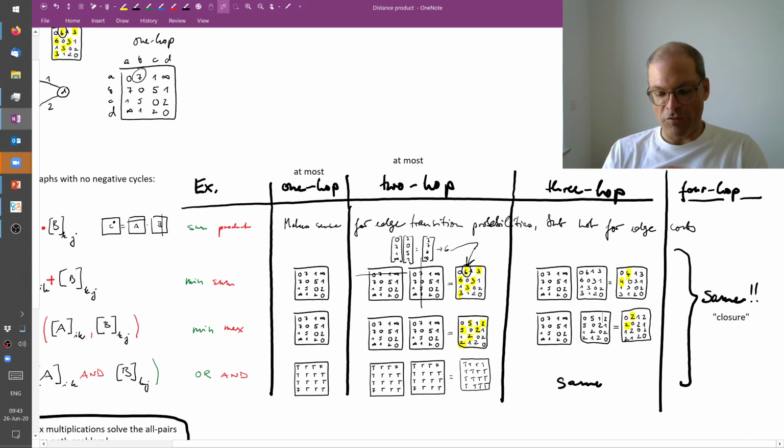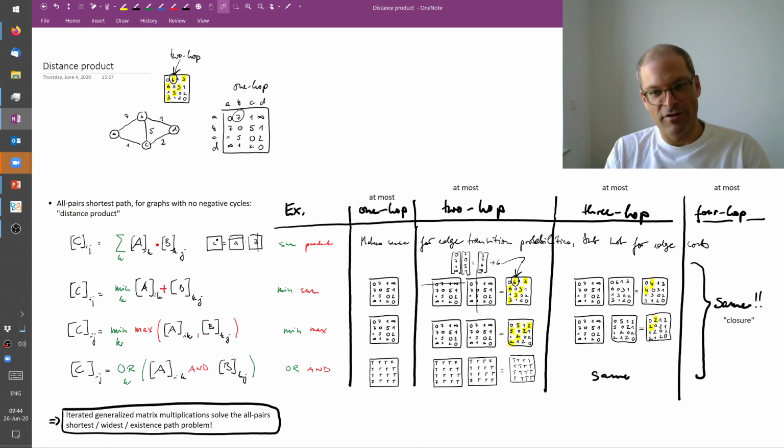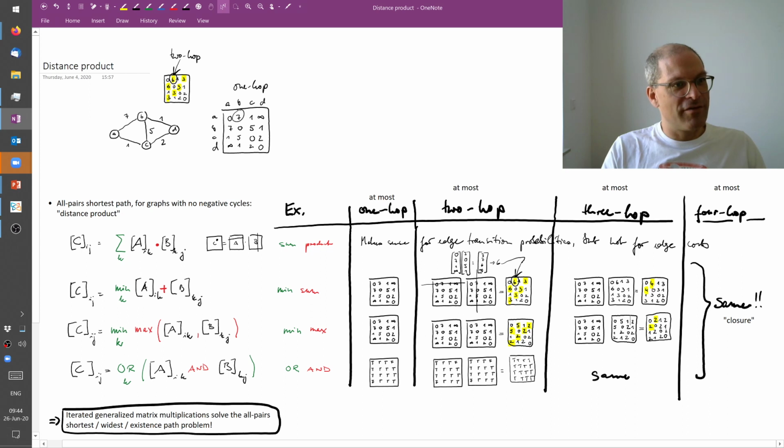So we observe closure, meaning if I keep multiplying this matrix with itself, at some point the result no longer changes. Good. So we have seen how to compute the all pairs, the conventional idea of the shortest path, by using a generalized matrix product. Do you have any questions about this?